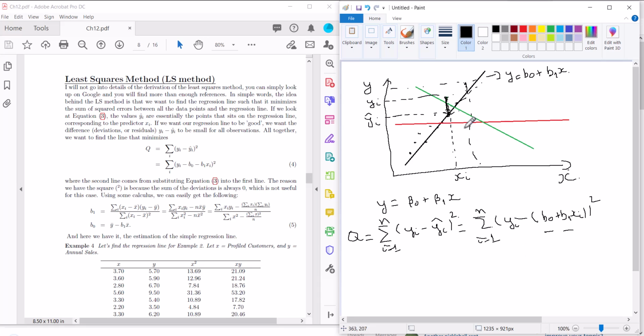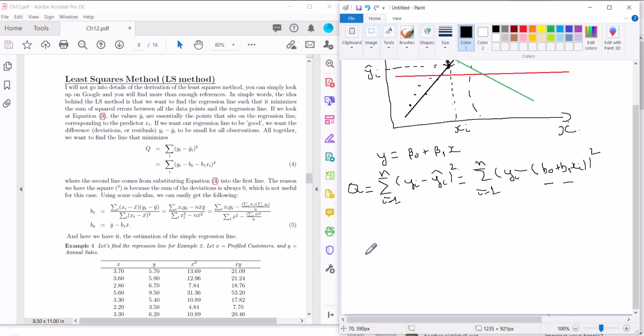Now we won't go into the details of how it's done, but I can show you the formulas that can be used to compute these two values b1 and b0, where the least amount of error is made. The formula for b1 is rather complicated, so there are a few formulas, but I will just write down the simplest one.